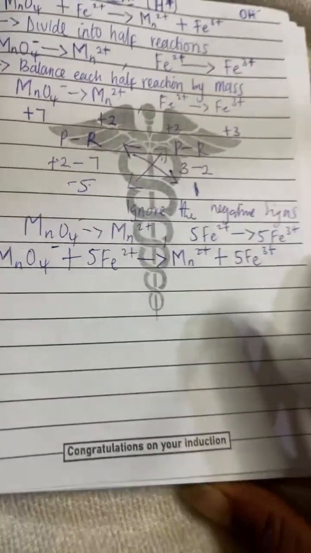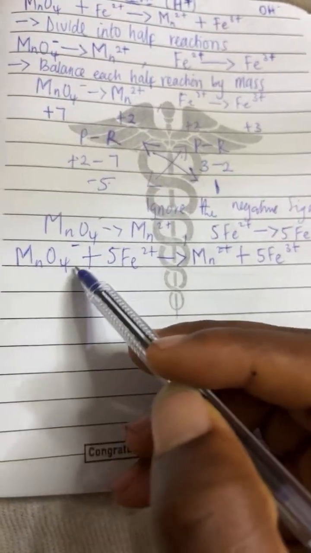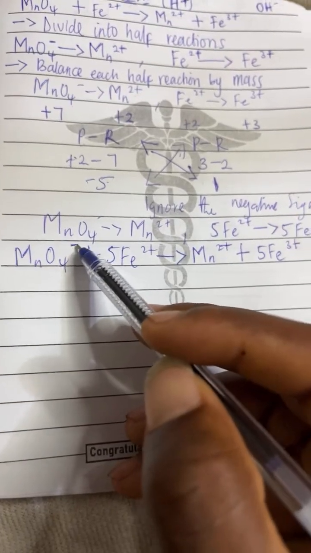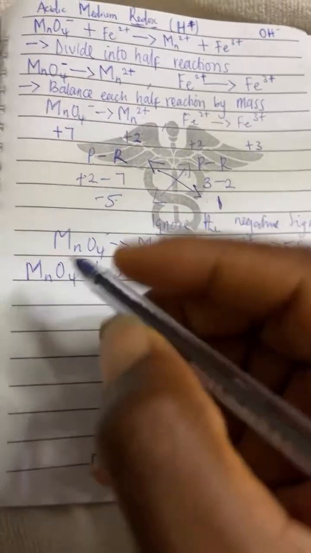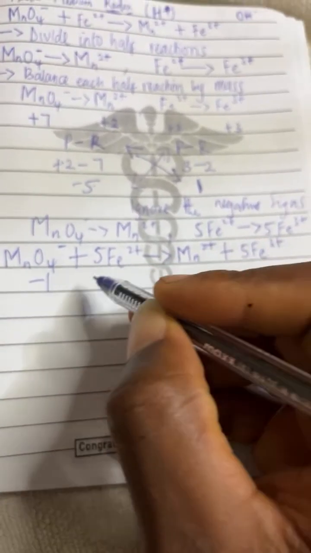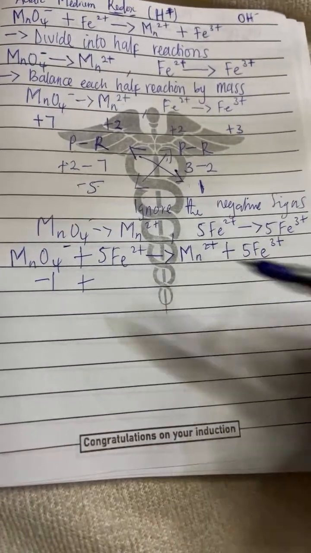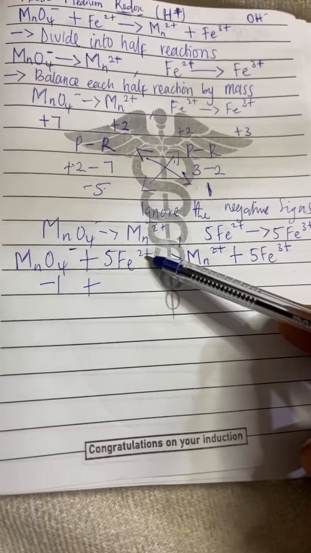So now, you should be following me. The total oxidation number of MnO4 here is what? -1. That's the total. Don't forget that this next stage is total oxidation number. So you write your -1. You are going to write plus. What's the total oxidation number of Fe? 2 plus, right?